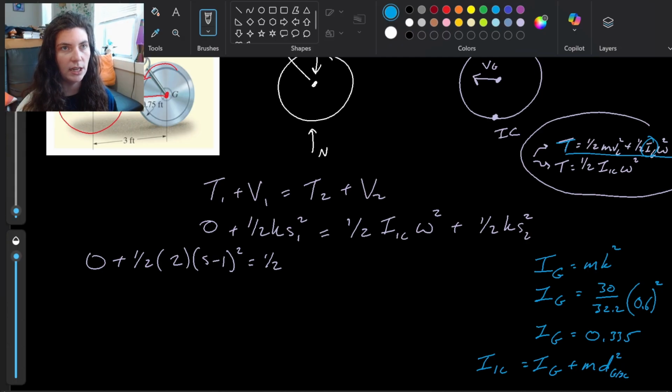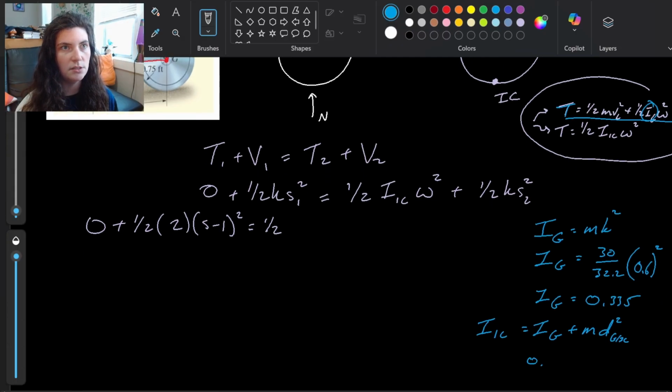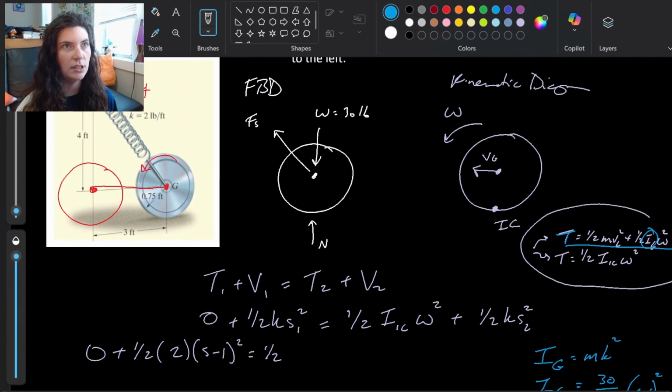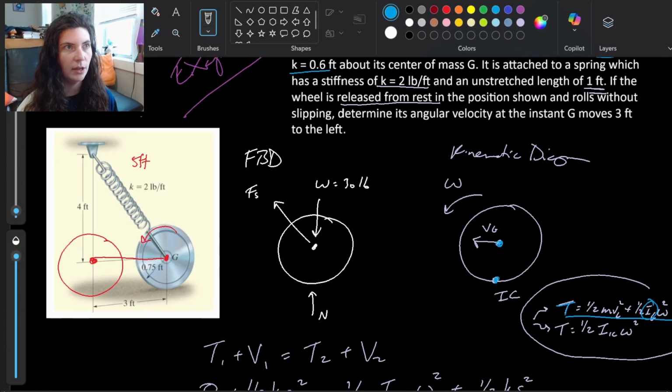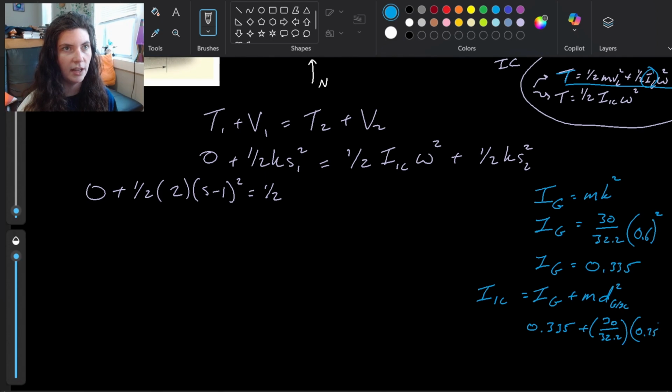So 0.335 plus mass, 30 over 32.2, times the distance between G and IC, which in this case is just the radius. Here's G, here's IC. That radius is 0.75, so 0.75 squared gives me a moment of inertia about IC of 0.86. And the units on this again are slug times feet squared.